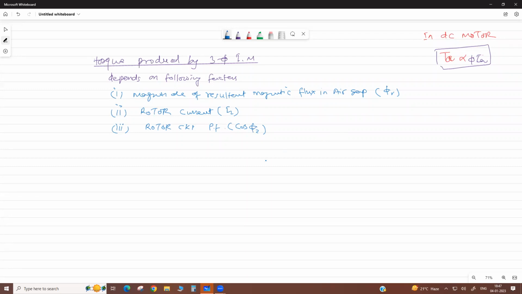I1 is the overall power factor, means stator power factor. Okay, so one by one.